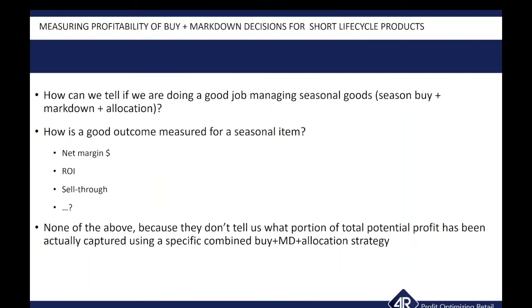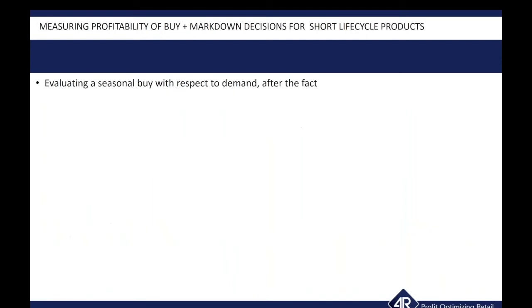Actually, the answer is none of the above, because when we talk about measuring the performance of how a seasonal item is managed from procurement to sunset, we must compare how the item actually performed with its full potential, and what portion of the full potential is captured through an appropriate strategy of combined buy, markdown, and allocation strategy.